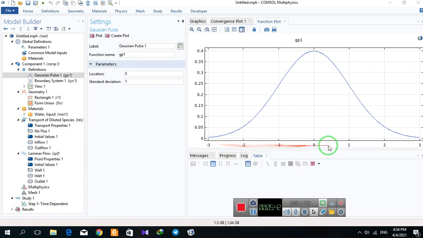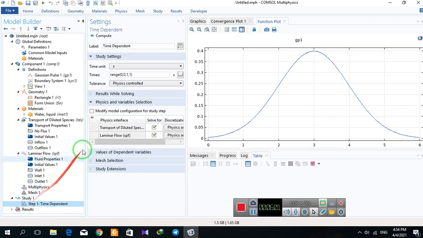Before that, we must change the x-axis direction, so I put 3 here. So at the time of 0, the pulse function will increase and then decrease in 6 seconds. So I define 10 seconds for our simulation, and I click on compute.